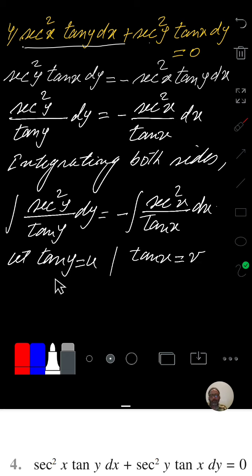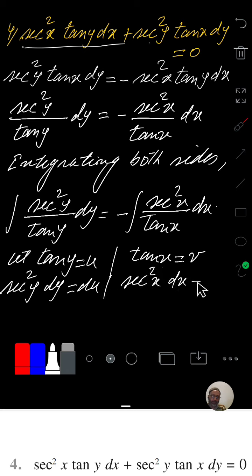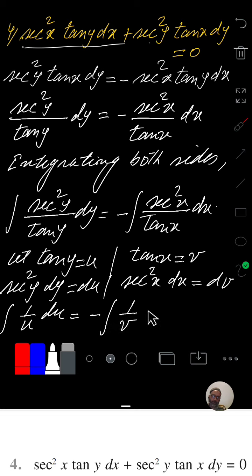Differentiating with respect to y, we get sec square y dy is equal to du, and differentiating the other, we get sec square x dx is equal to dv. So by this substitution, this equation becomes integral 1 over u du is equal to minus integral 1 over v dv.